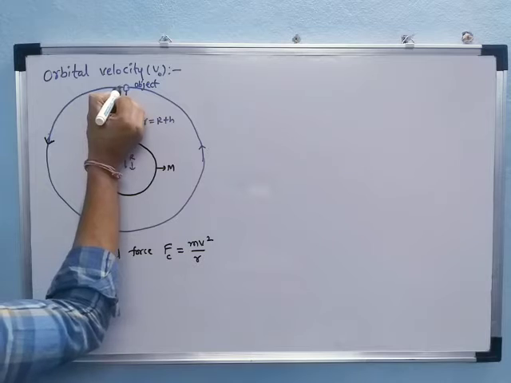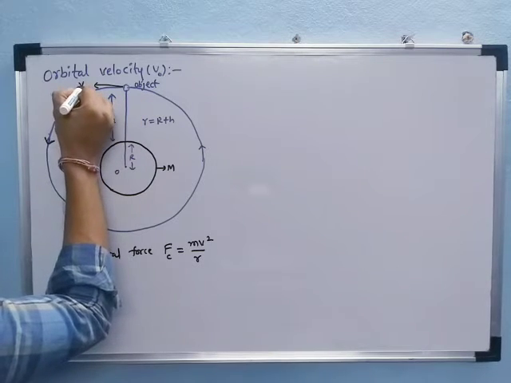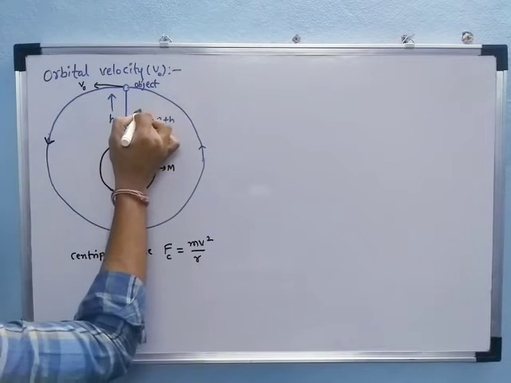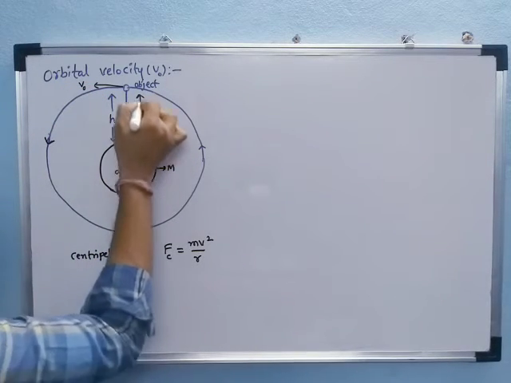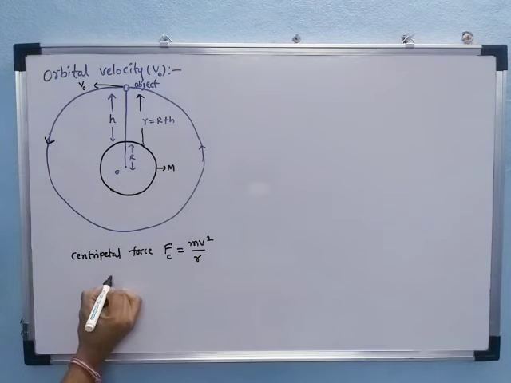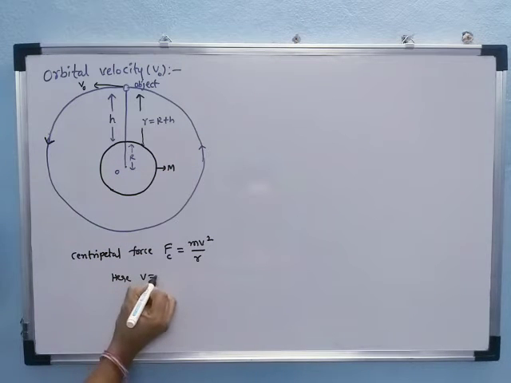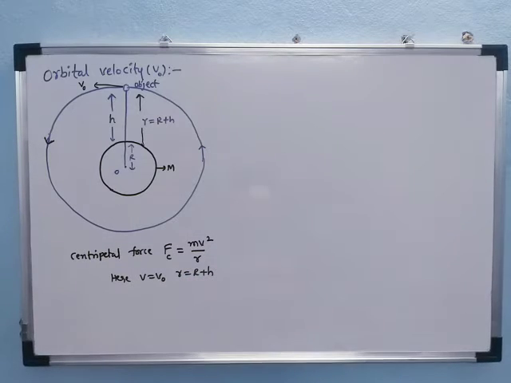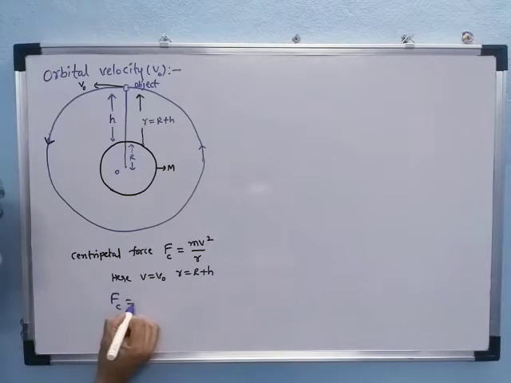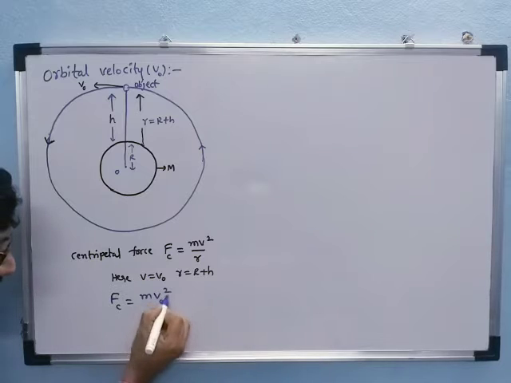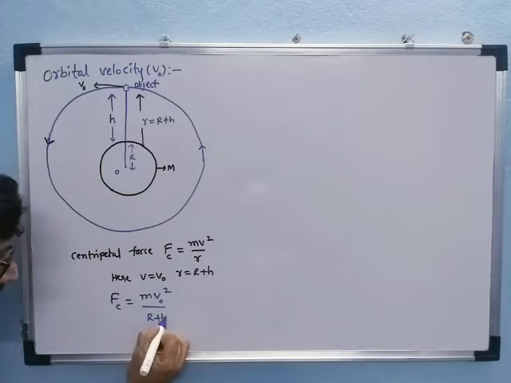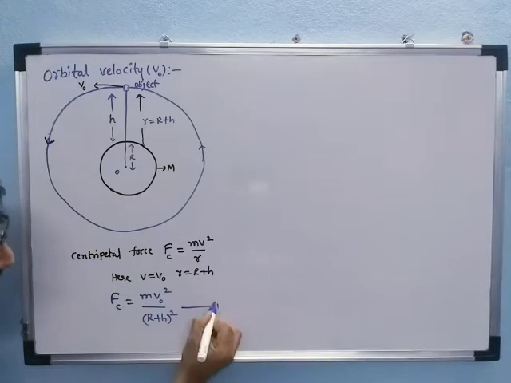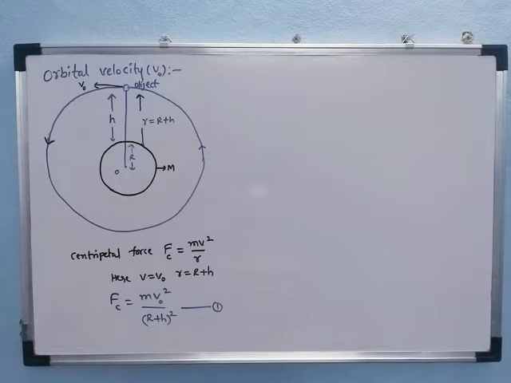But this object is moving with velocity v naught, and the small r is equal to R plus h, the total height. Substituting in the above equation, Fc is equal to m v naught square by (R plus h). This is equation number 1.